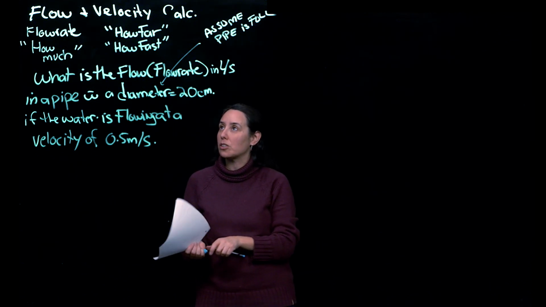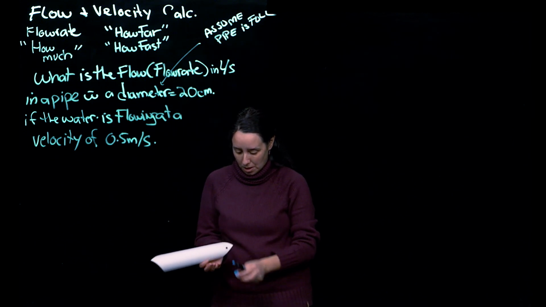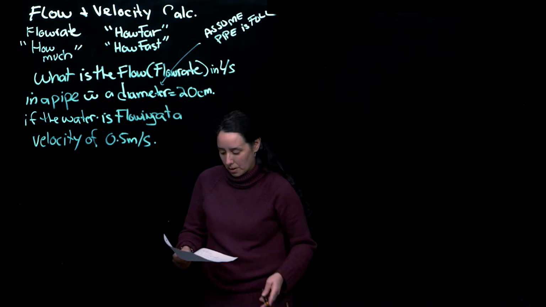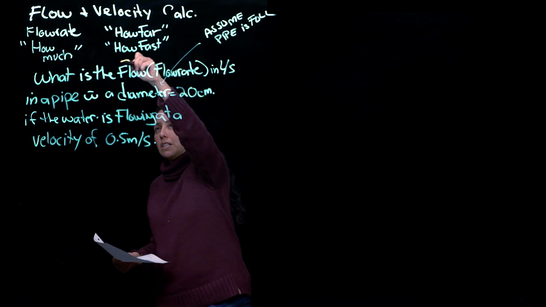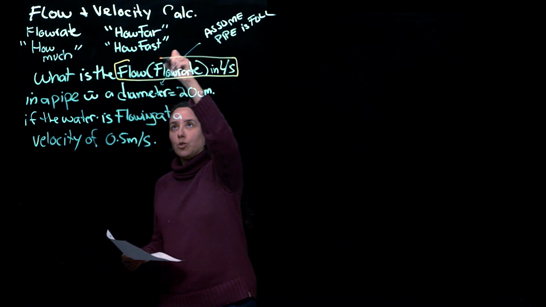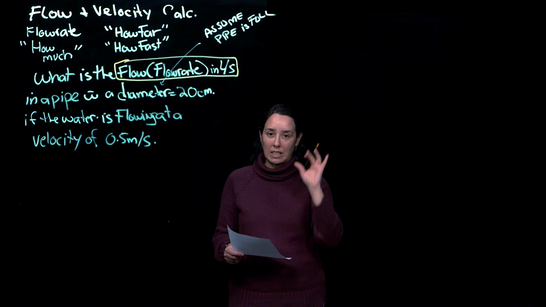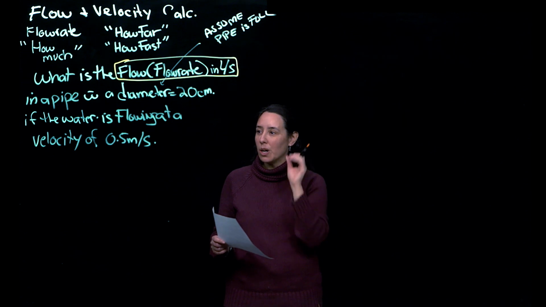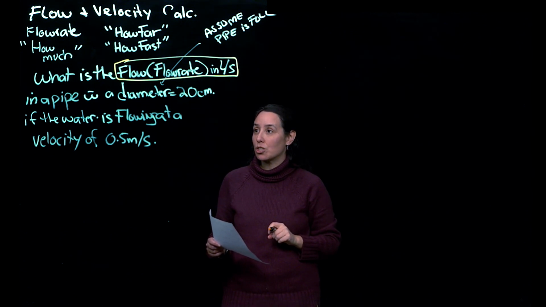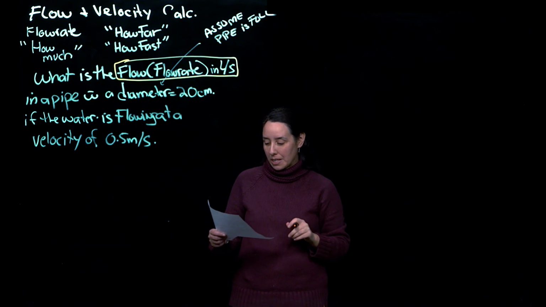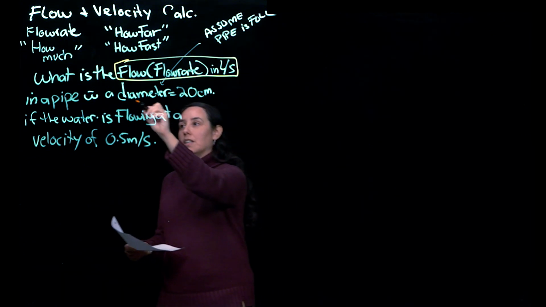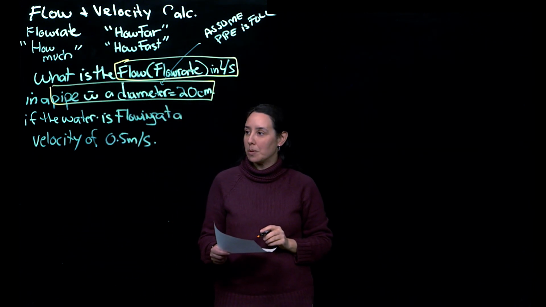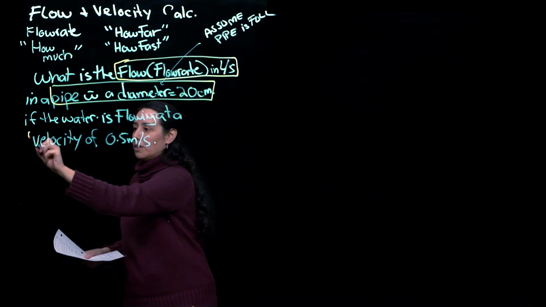Okay, so let's break this one down a little bit. If we look at the question, there's a couple sections that we can see. One is what we're going to be solving for. That's our main goal: what's that flow or flow rate? It tells us to solve it in liters per second, which might mean we have to do a units conversion. Then we've got different pieces of information: a pipe with a diameter of 20 centimeters, and a velocity value.